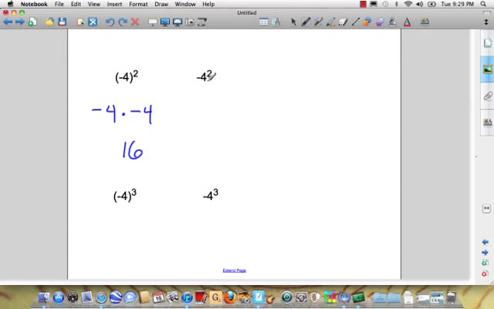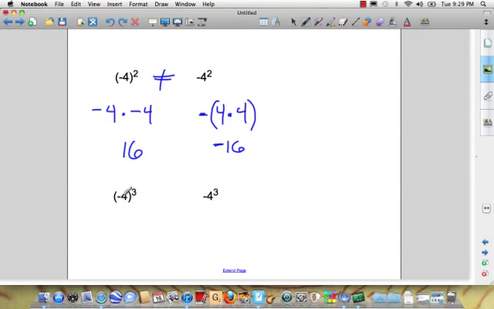Now this one means, because PEMDAS says you got to do the exponent first, a negative is sort of like multiplication. So first you do the exponent, 4 times 4 is 16, and then when you're done, you put the negative. So notice that these are not equal.